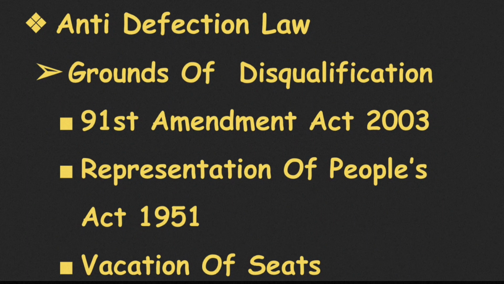It is mentioned in Article 102. Grounds: First, if the MP holds an office of profit under the Government of India or any state government, other than the office declared by the Parliament not to disqualify its holder. Second, if the MP is of unsound mind and stands so declared by a competent court.